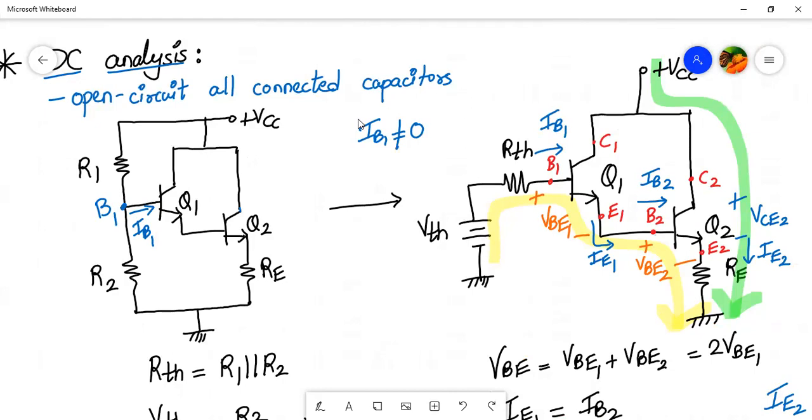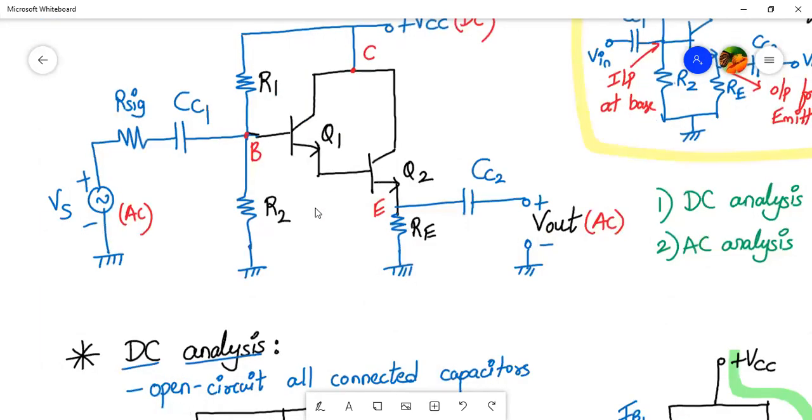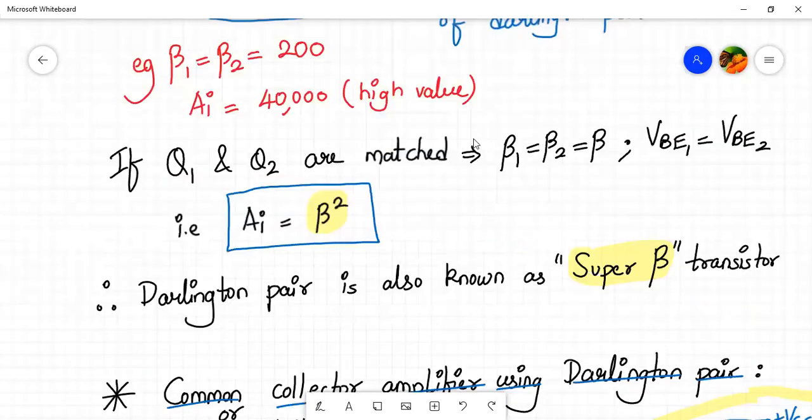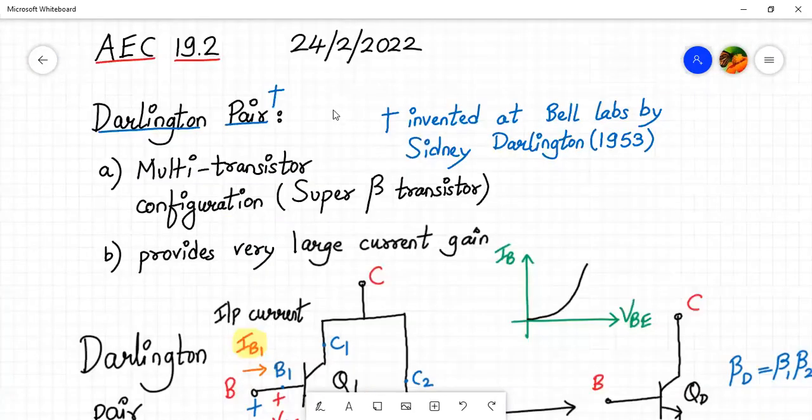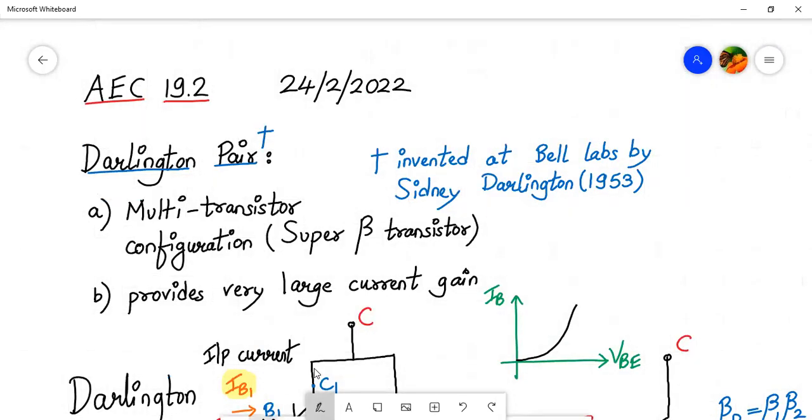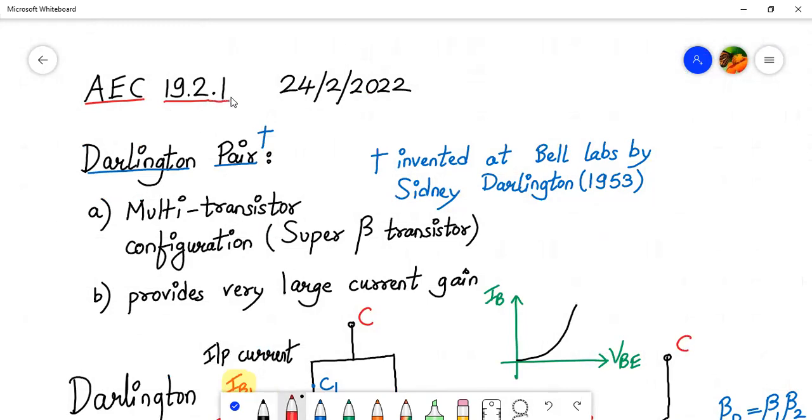In today's session, let me revise what we have done so far. So this is lecture number 19.2.1, because I'm dividing this into two parts. One will be DC analysis, other will be AC analysis.